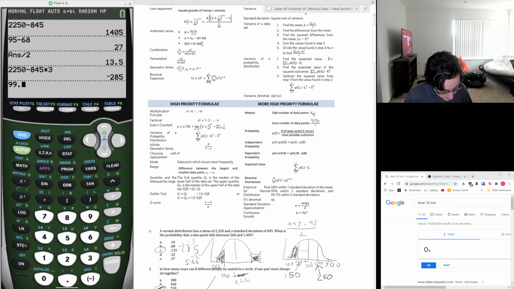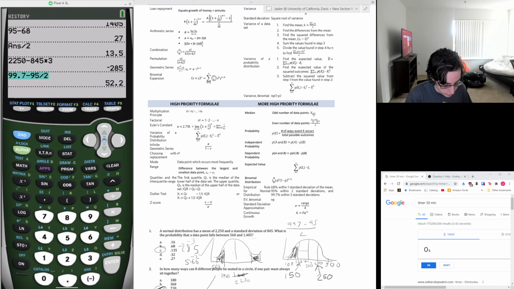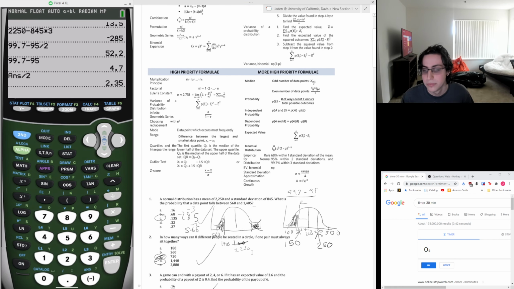Oops, I did that wrong. You have to divide the whole thing. 4.7 divided by 2. That'd be like 2.35% chance. And that's how you do that.